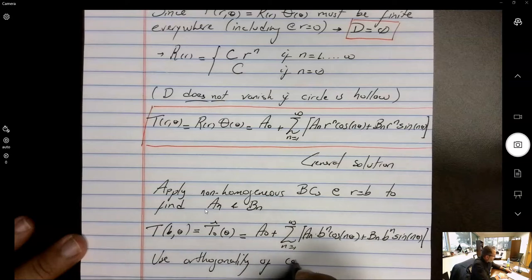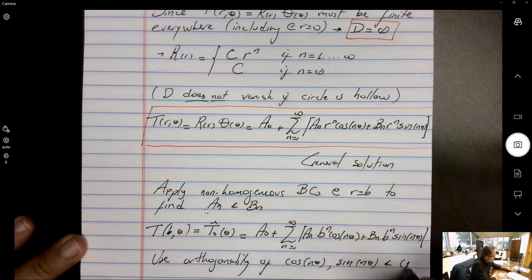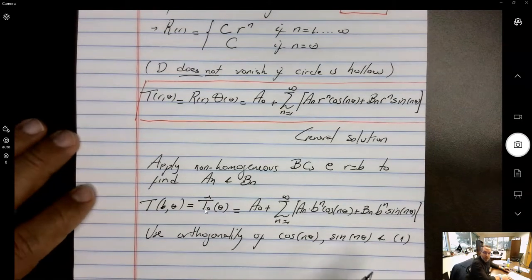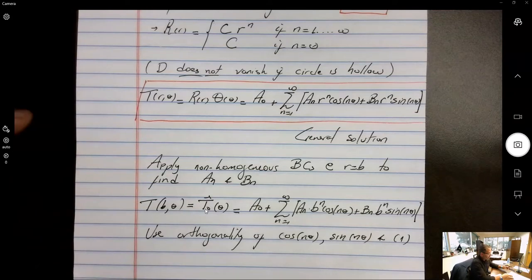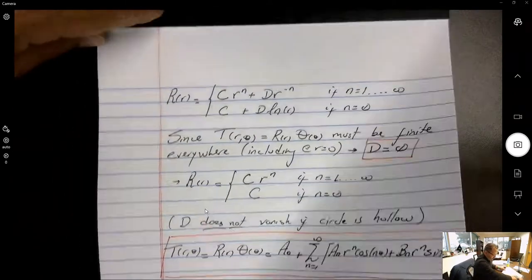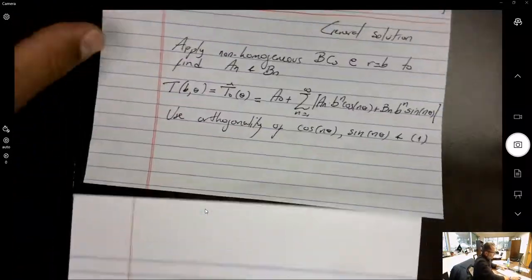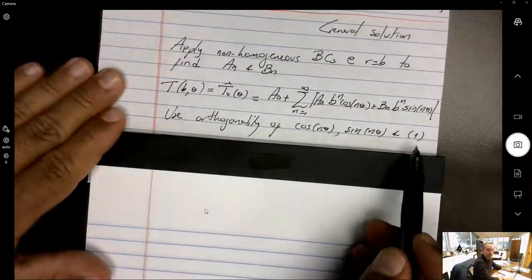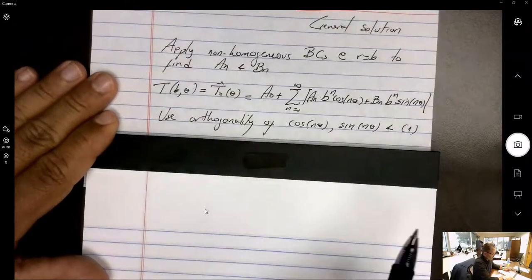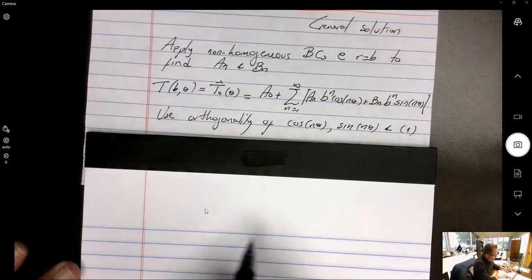of the cosine of n theta, the sine of n theta, and 1. The function 1 is also orthogonal, so basically don't multiply times anything and integrate. That will get rid of an and bn, as you'll see. So, for instance, from that equation, let's first multiply everything by 1, left and right, so it doesn't do anything.